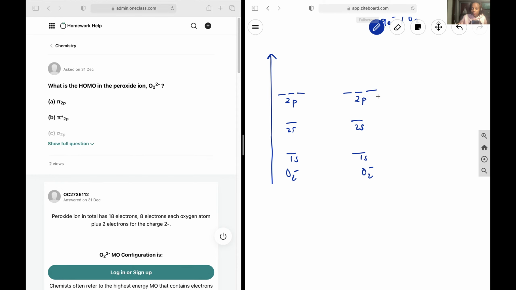And we're just going to fill them exactly as we should, so we know we have 9 electrons for each. So 2, 4, 6, 8, 9. Perfect. This one will be filled the exact same way.